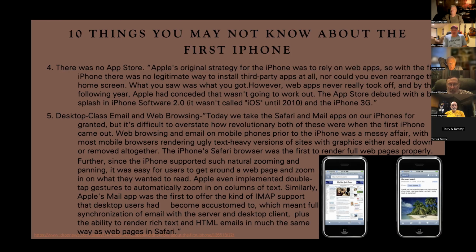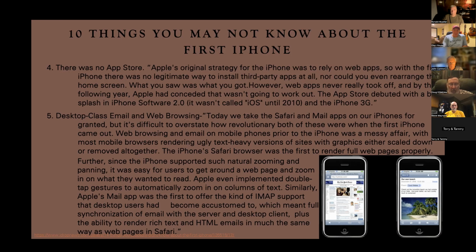The iPhone Safari browser was the first to render full-page web pages properly. Further, since the iPhone supported such natural zooming and panning, it was easy for users to get around a web page and zoom in on what they wanted to read. Apple even implemented double tap gestures to automatically zoom in on columns of text.